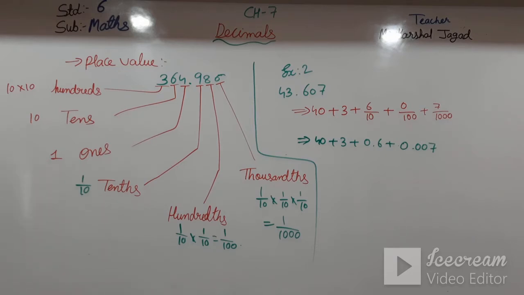Now, moving towards example number 3, you can see over here on the next page, 101. In that, you have to represent the following number in the place value table, give their expanded form, and write the number in words. Also write them as mixed fraction.